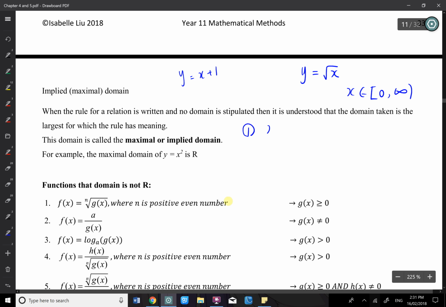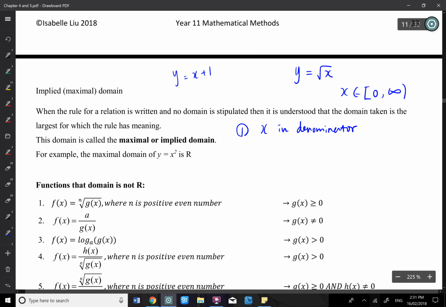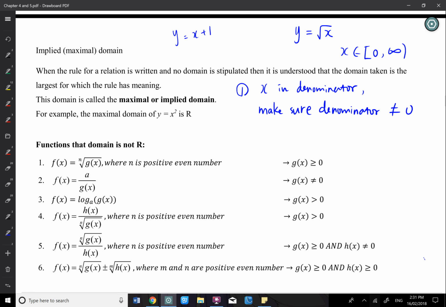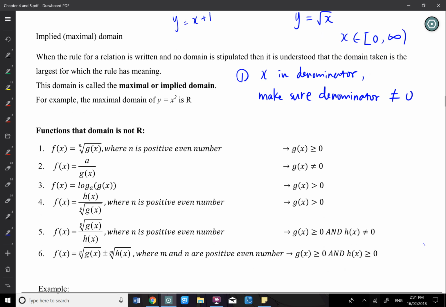If you have x in the denominator, we need to make sure the denominator will not be 0. If there is x in the denominator, your denominator is changing, it can vary from value to value. So we need to make sure the denominator is not 0.